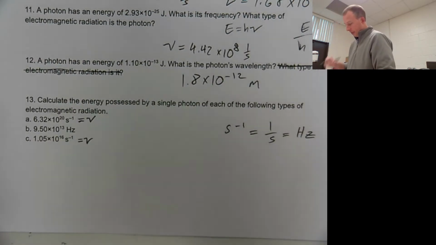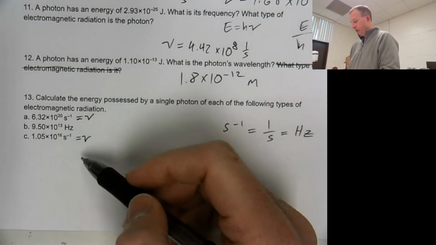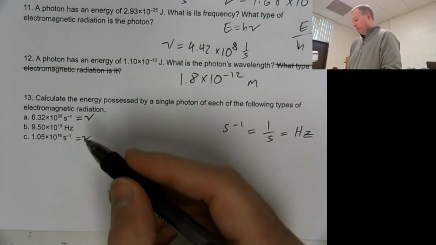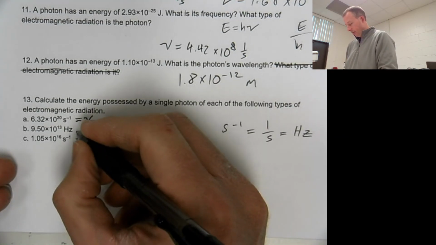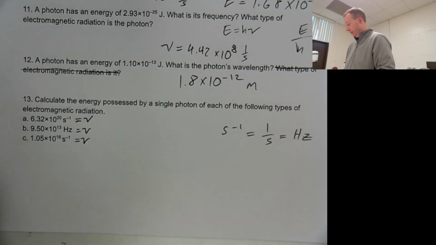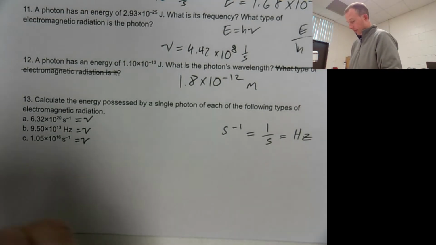So you're just going to basically, for the two that are frequency, multiply them by H. For the one that's wavelength, well, this one identifies frequency too. They're all frequency. So you're just going to multiply all of these by H to get E. It's actually pretty simple.